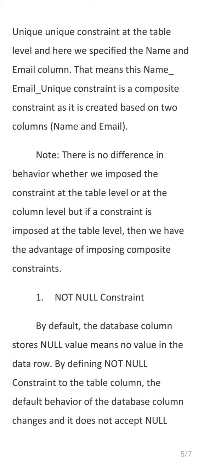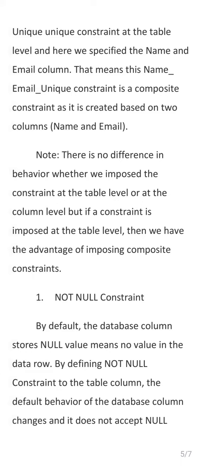By defining a not null constraint on the table column, the default behavior of the database column changes, and it does not accept the null value. So if you are imposing a not null constraint on any of the fields, you need to enter some value; it cannot be null.